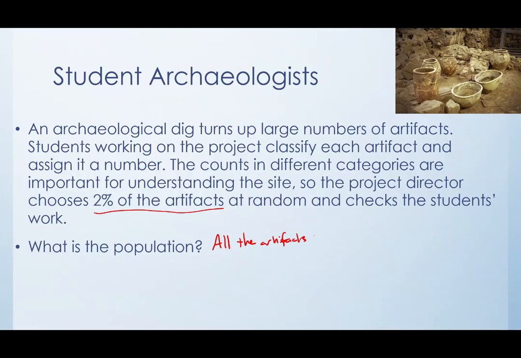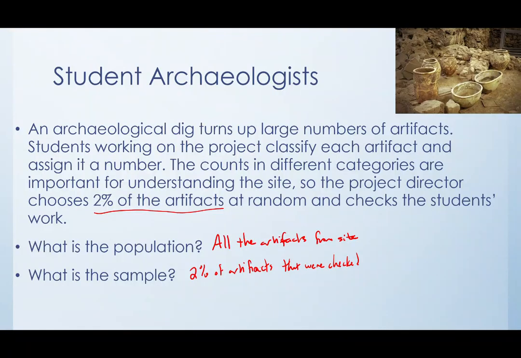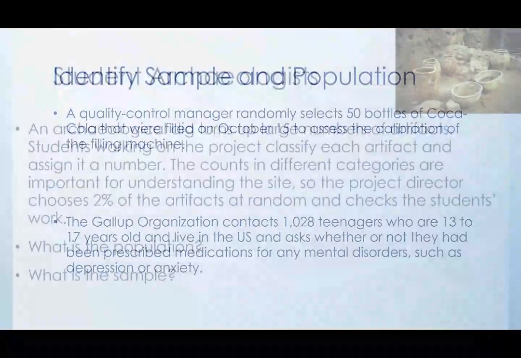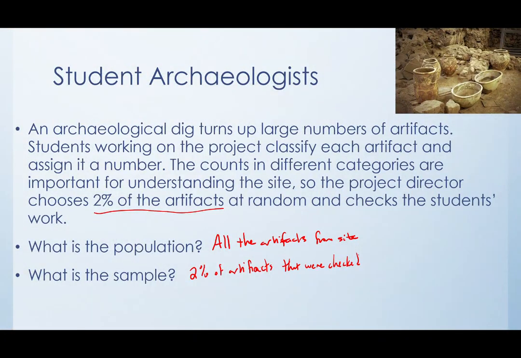We'll just say all the artifacts from the site, and our sample, of course, would be the 2% that were checked. So the 2% of the artifacts. And we don't know how many of those artifacts, there we go, close enough, that were checked. Okay, so there we go. Don't overthink here, right?